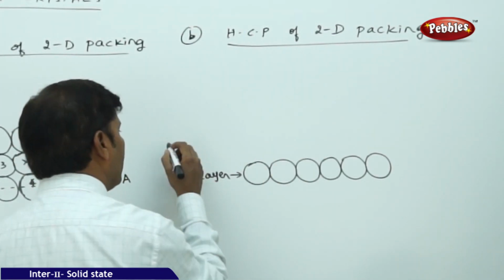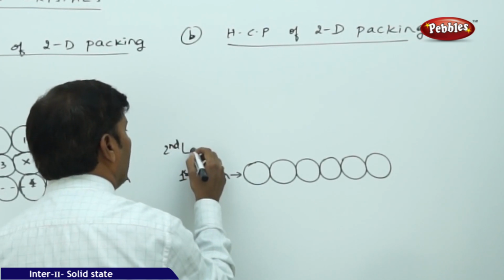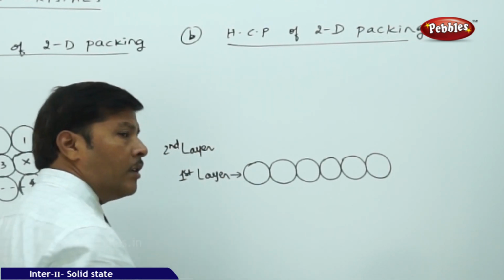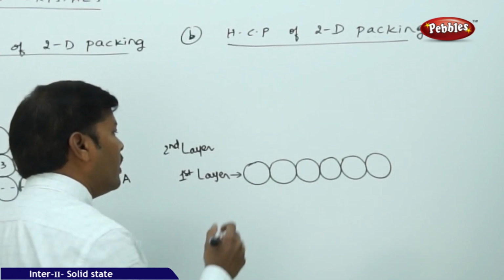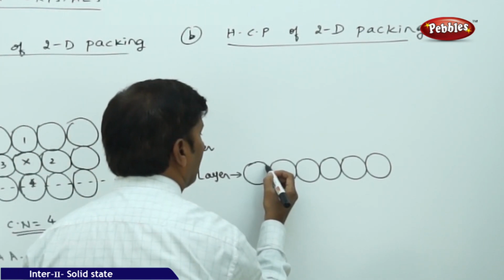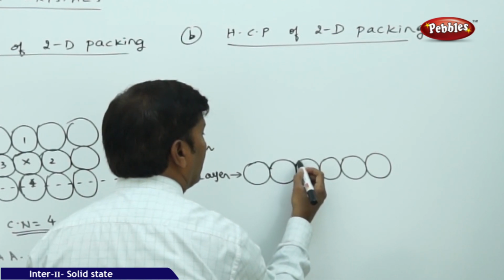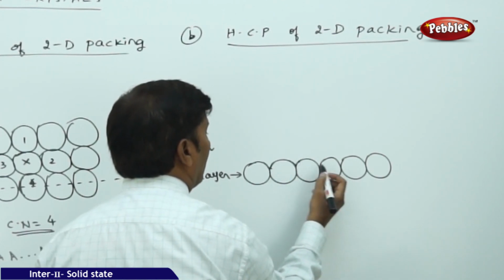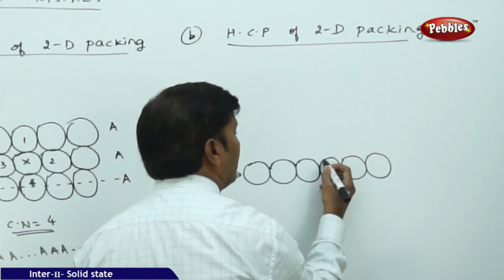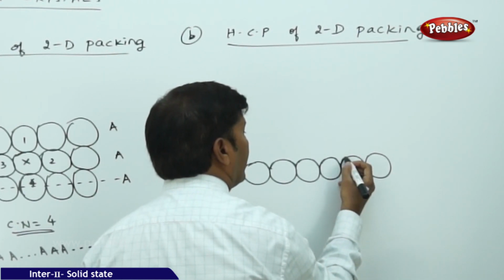Now when you go to the second layer, the arrangement is slightly different. You can see certain depressions here. The point of contact between the two spheres is called the depression point, which is a kind of void point.